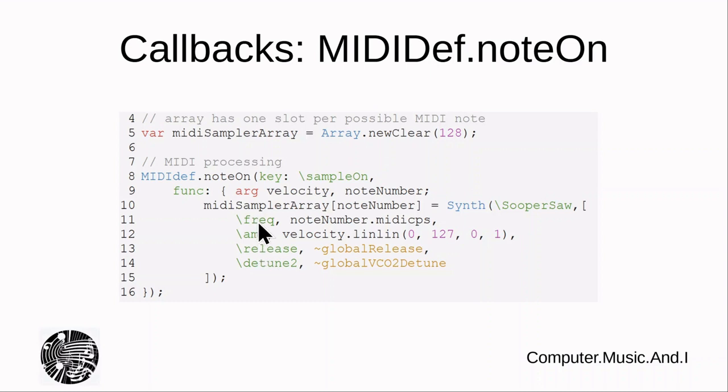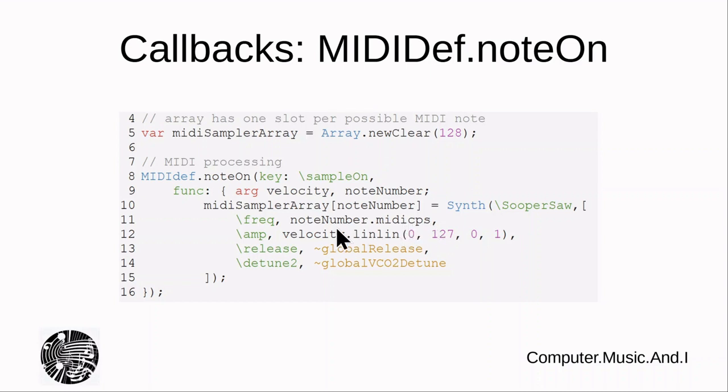and obviously we need to define the frequency, and the frequency is obviously depending on the note number. Now the note number 60 is not the frequency of the middle C. The frequency of the middle C can be computed from the note number by using the function midicps. This stands for MIDI note to CPS, cycles per second.